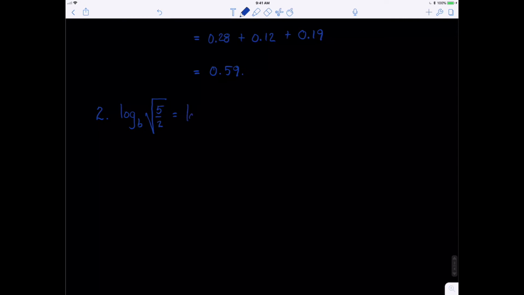This becomes the log base b of 5 over 2 raised to the 1/2 power. Now we're going to use property 3, and we can move the 1/2 in front. So this becomes 1/2 times the log base b of 5 over 2.